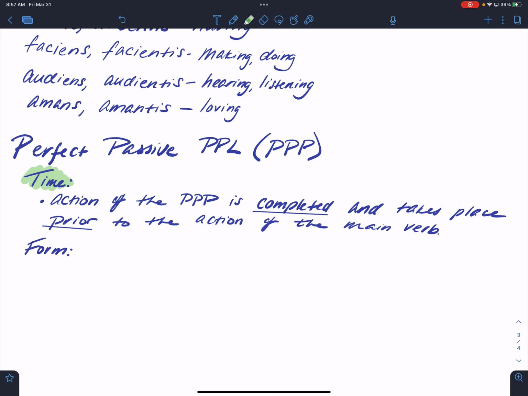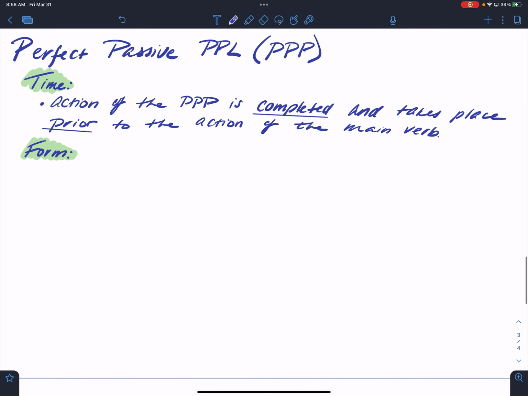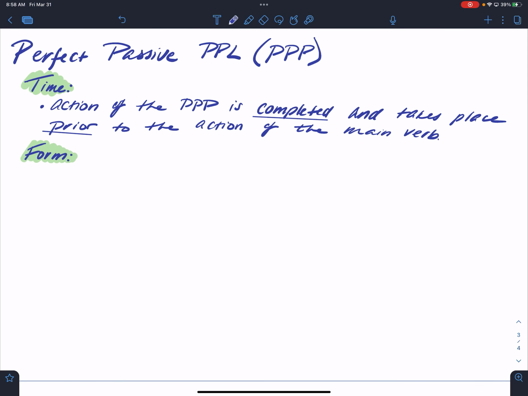Okay, and then once you've gotten the time down, let's talk about the form. Like, how is this word formed? Okay, we've talked about this before, but the PPP is the fourth principal part of irregular verbs.